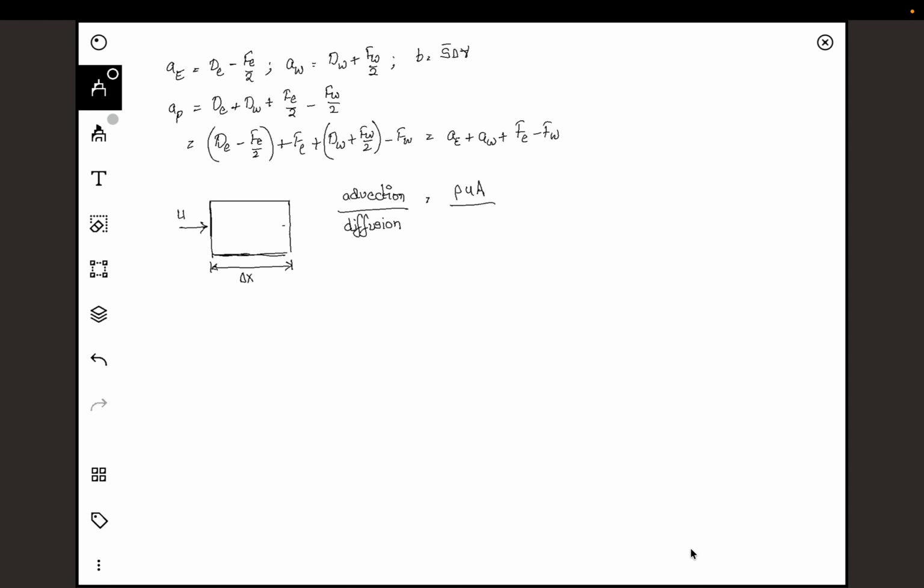Similarly, the flux because of diffusion is going to be gamma times area by delta x, right? Of course, you have a phi here coming in the numerator and denominator that I have subtracted out. So the ratio of advection strength to the diffusion strength is something like this. So we can write it as rho u delta x by gamma. This is what we are calling the Peclet number.